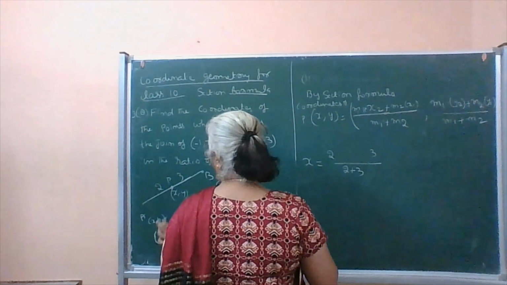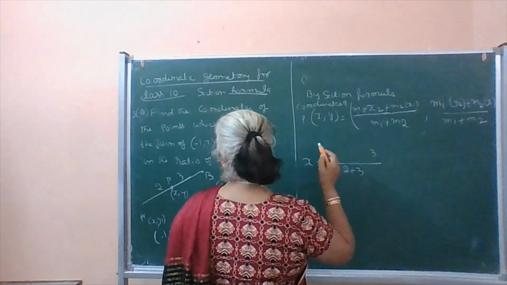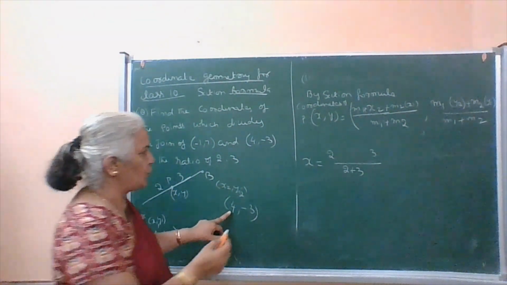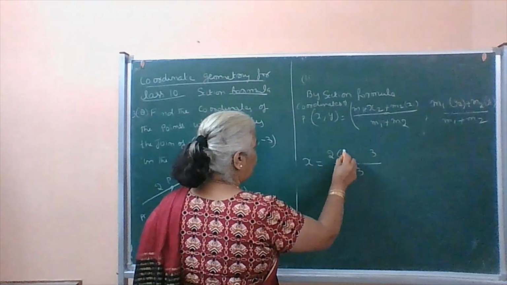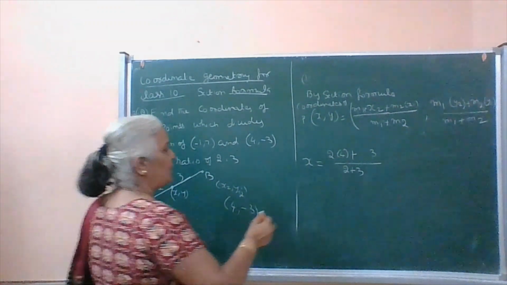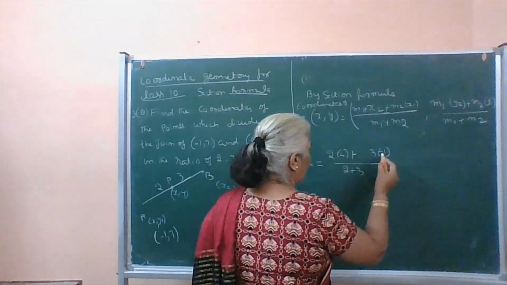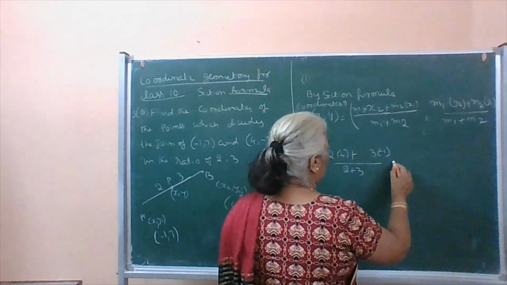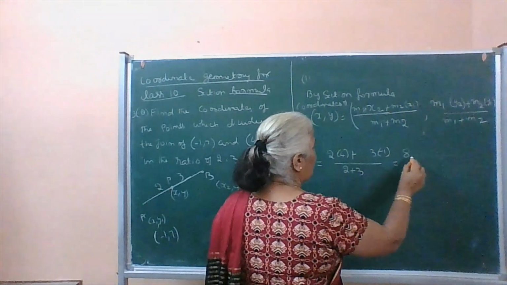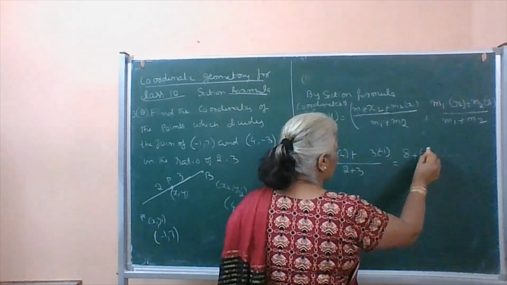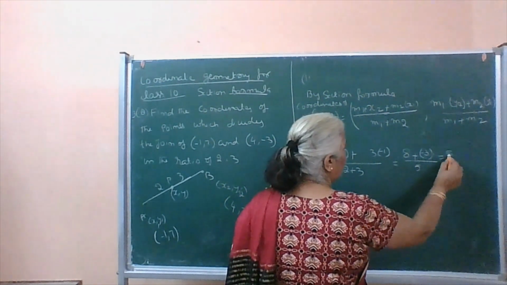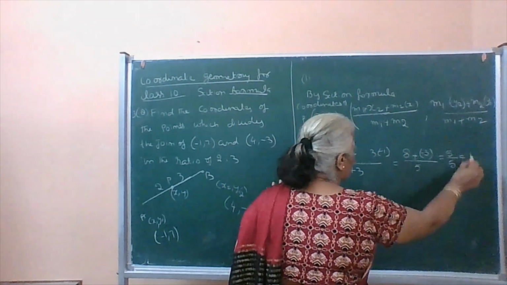Here 2 into x2, 2 is the ratio and x2 is 4, plus 3 into -1. 2 4s are 8, and 3 into -1 is -3, by 5, is equal to 8 minus 3 is 5. Therefore 5 by 5 is 1.